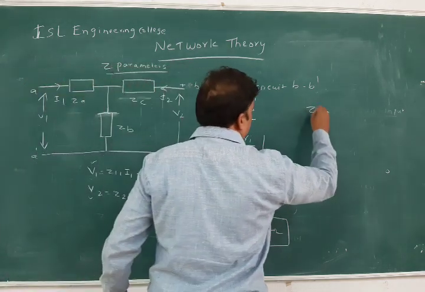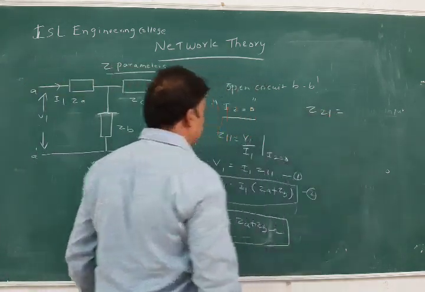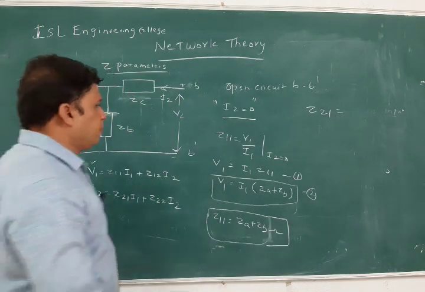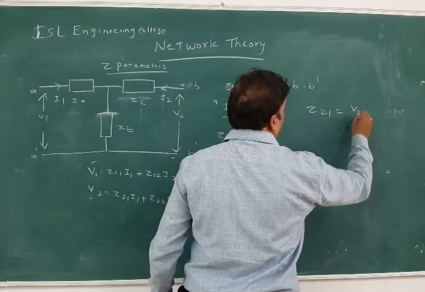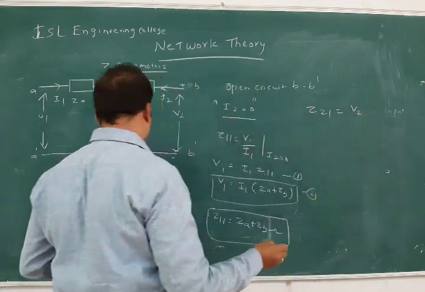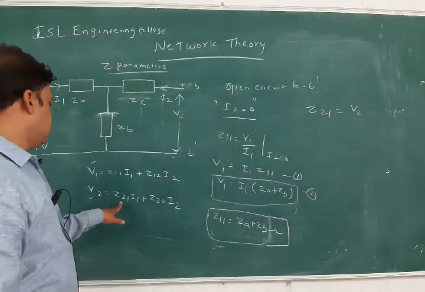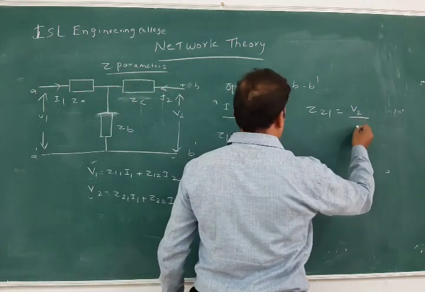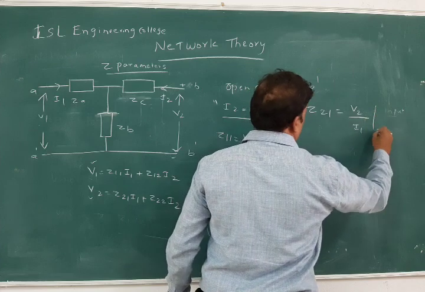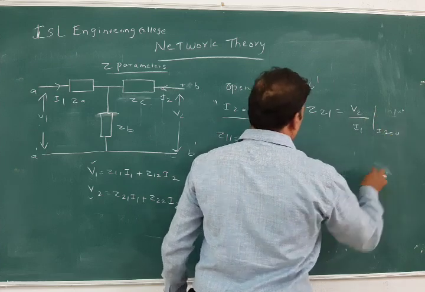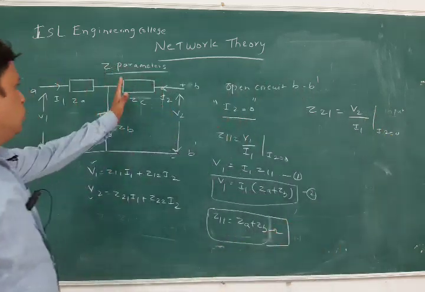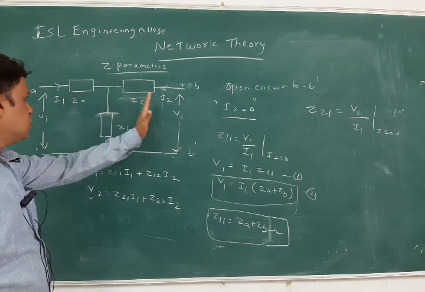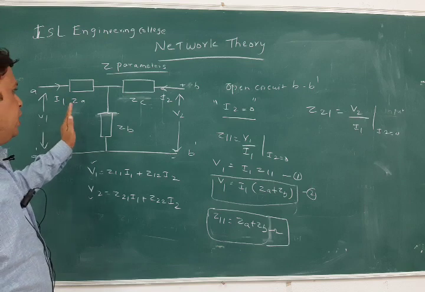Z21 is equal to V2 by I1 at I2 equal to 0. Here this branch is not considered, it is a redundant branch. Now we are having only this particular part here.